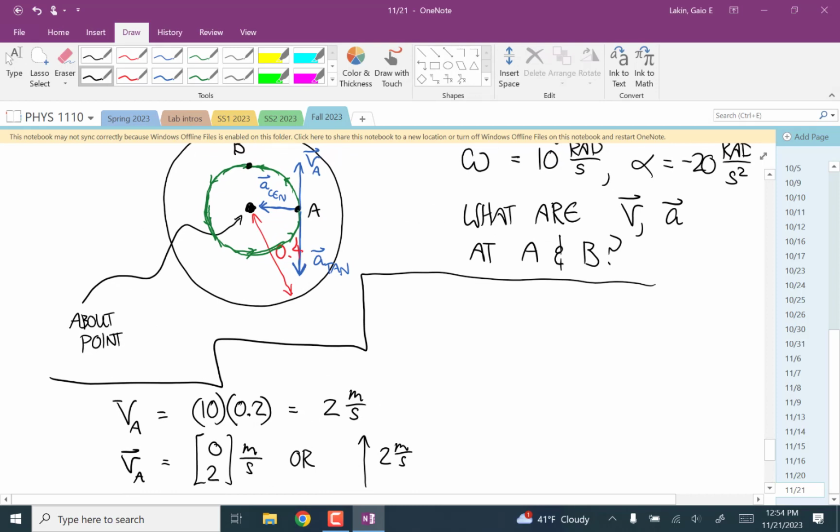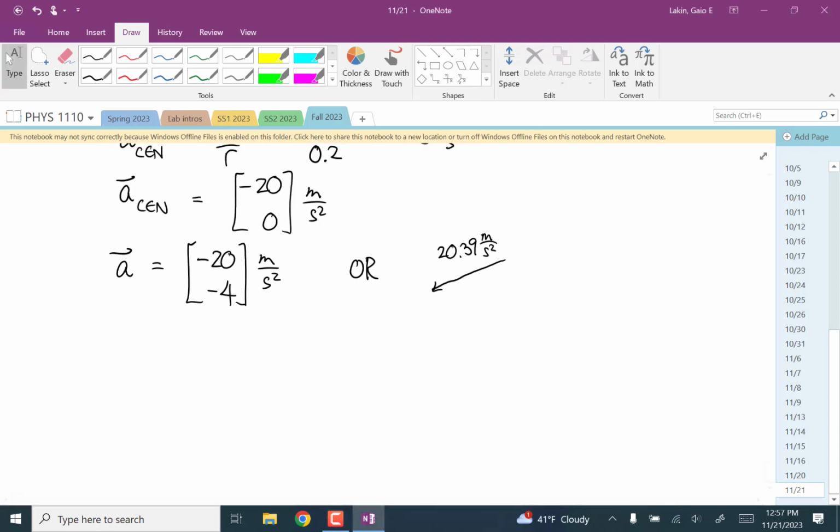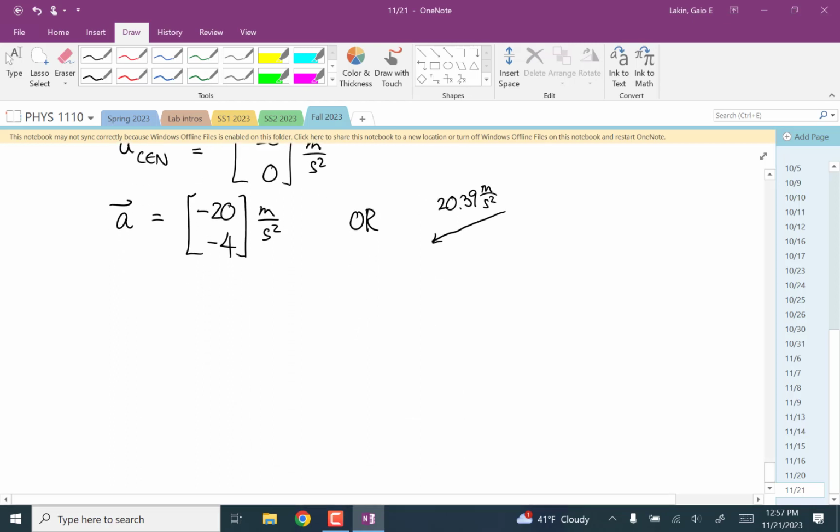Now let's do the same thing for B. This time, why don't you take a few minutes and see if you can work through all these steps. Okay, so for the point B, I didn't draw the whole body, I just drew the circle that it's moving on. So here's the point A, here's the point B, but that's still 0.2 meters from the about point.